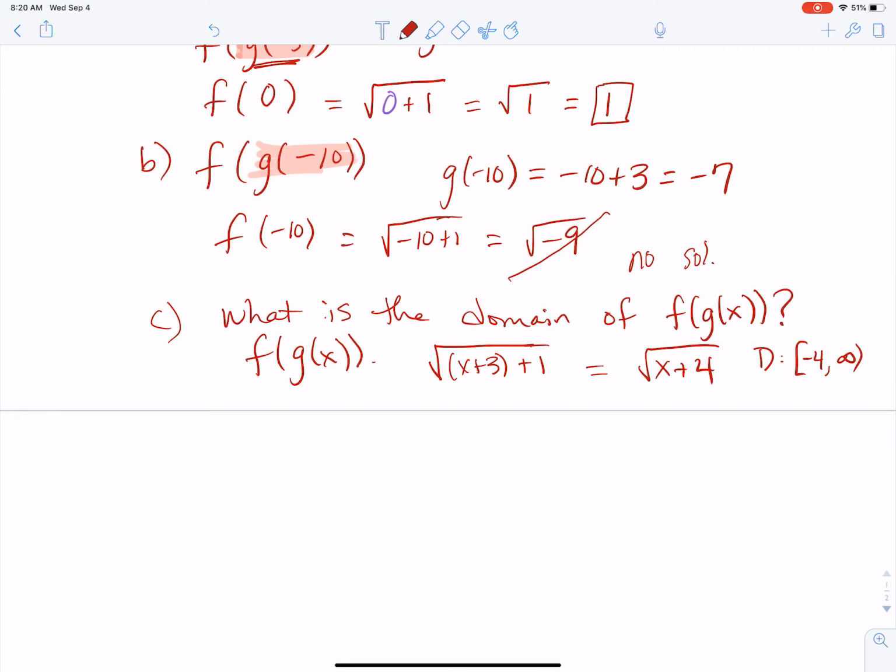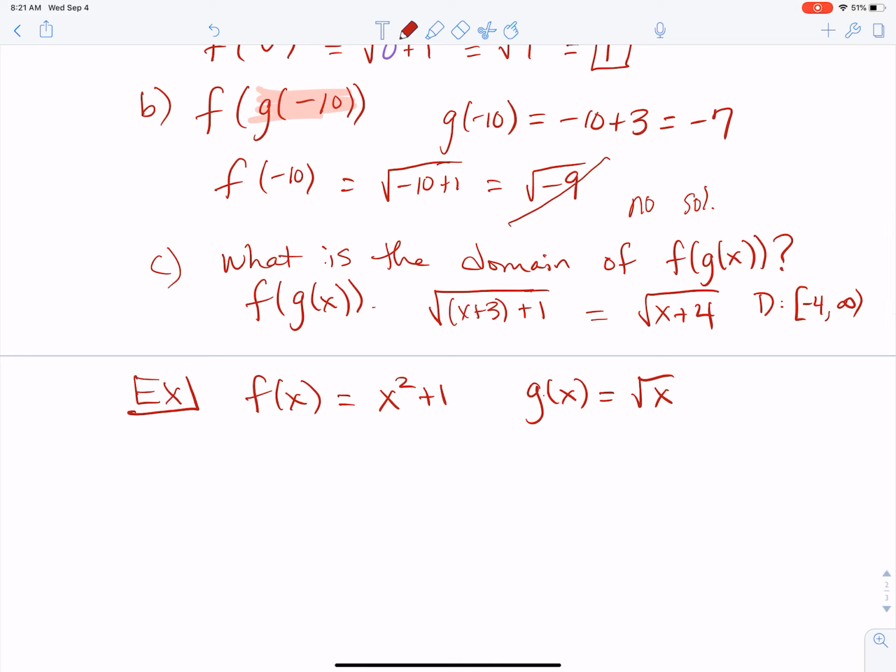However, if we have a different set of functions, for example, f of x equals x squared plus 1, and g of x equals the square root of x, things get a little bit more tricky. So let's look at f of g of x.